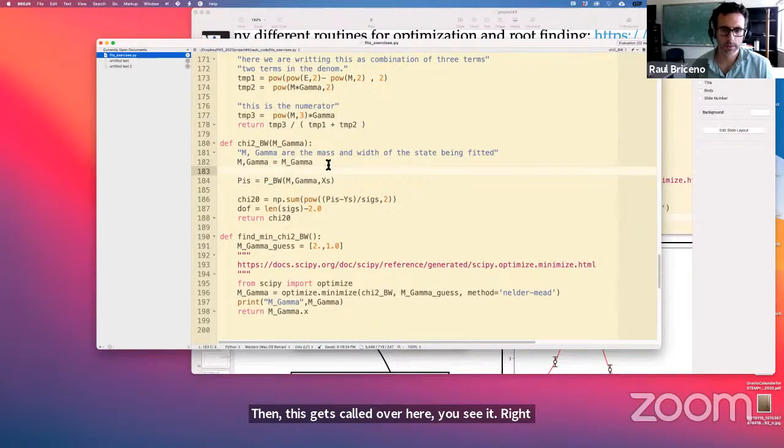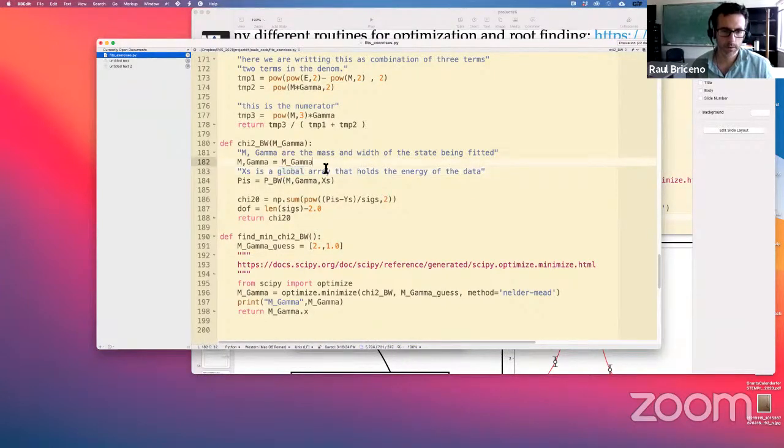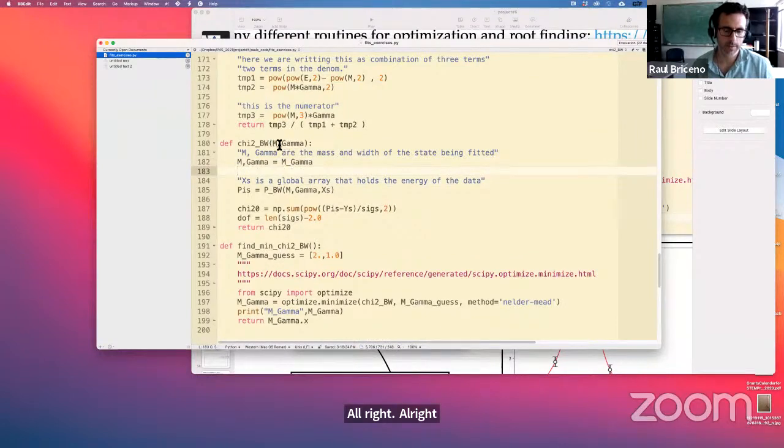And so xs is a global array that holds the energies of the data. And this chi-squared is a function of m and gamma.